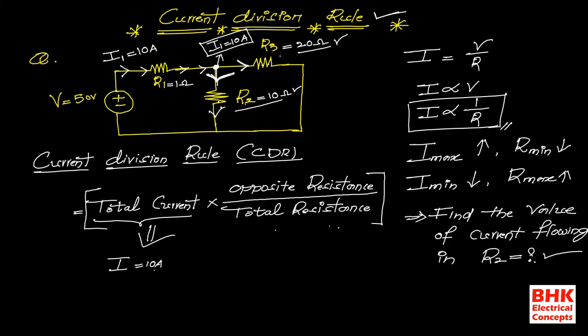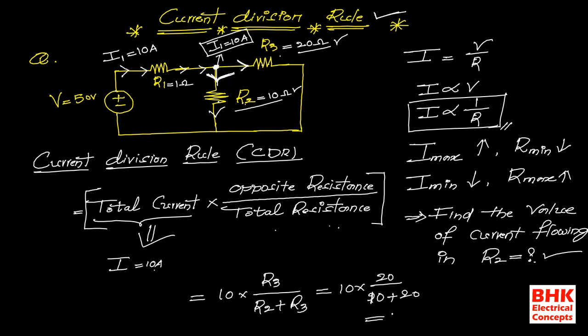By using the definition, the total current is 10 and the opposite resistance is R3, divided by the total resistance, which is R2 plus R3. Now 10 ampere, substituting the value of R3 as 20, divided by the value of R2, which is 10, plus the value of R3, which is 20.